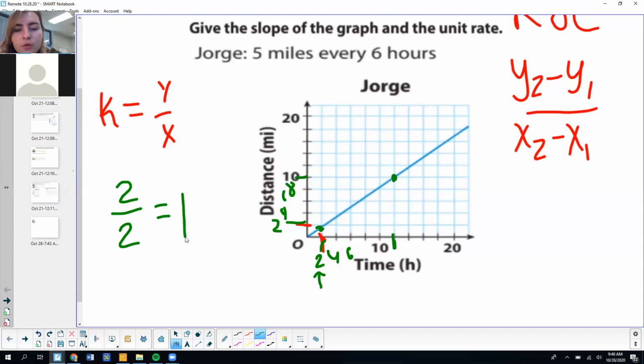The slope, if we look at this line over here, let's see, 11 and 10. Actually, hold on, let me get my eraser because there's a lot going on over here.